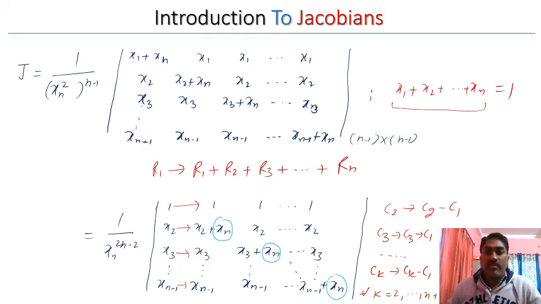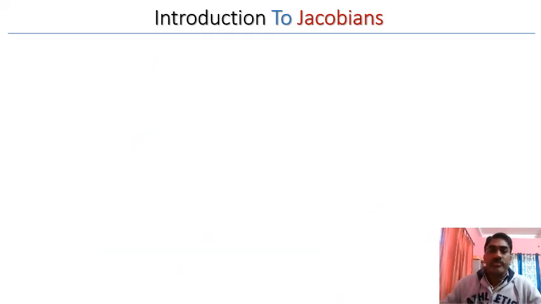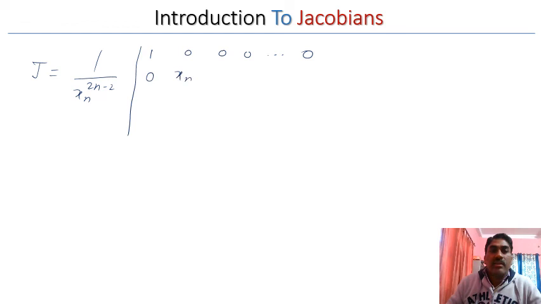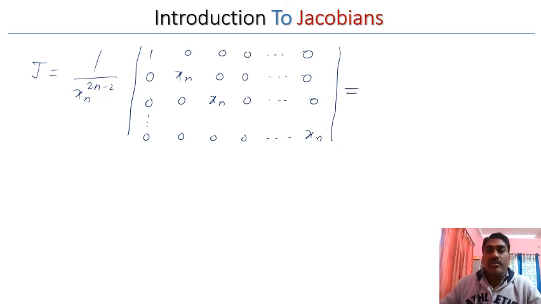So the determinant that we obtain will be 1 by xn to the power 2n minus 2 and 1 0 0 0 0, then 0 xn 0 0 0, 0 0 xn 0 0, and finally the last row 0 0 0 and xn. Now you can open this determinant, and this is xn to the power n minus 2.